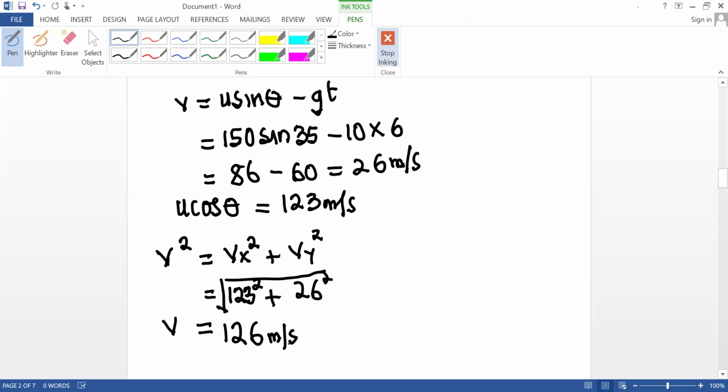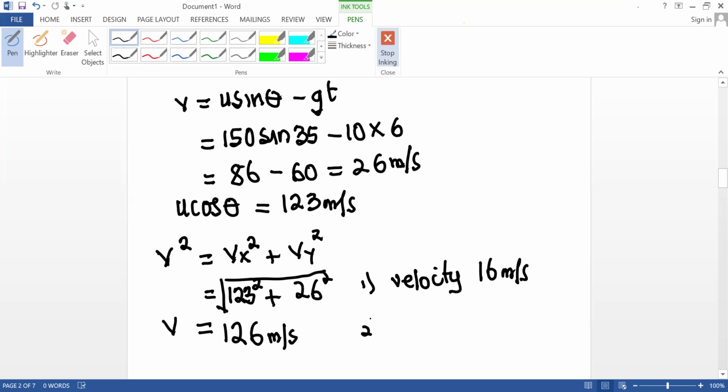Okay. Class, a follow-up question. Can you help me calculate the velocity after 16 seconds? The velocity of the body after 16 seconds.